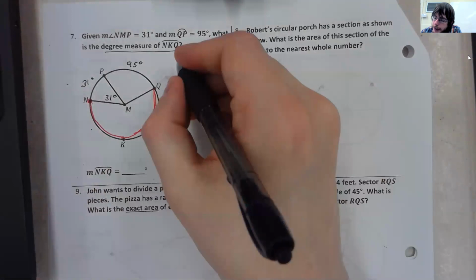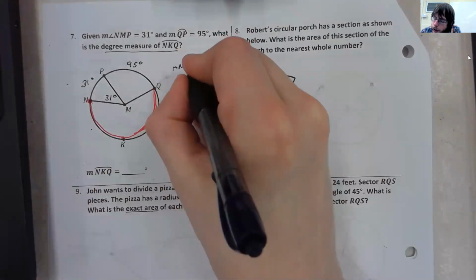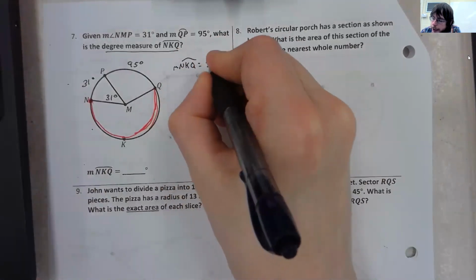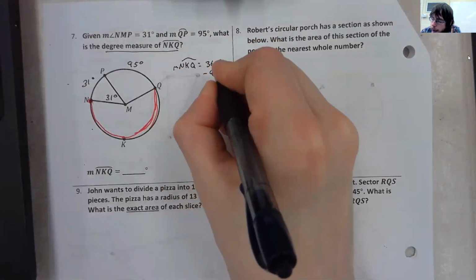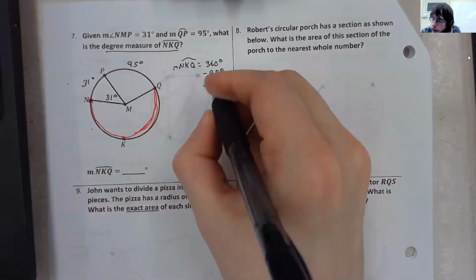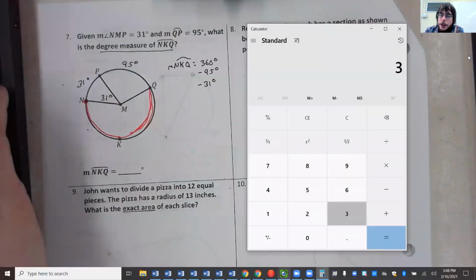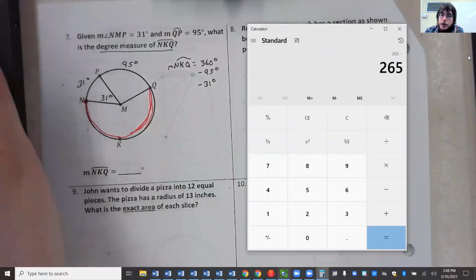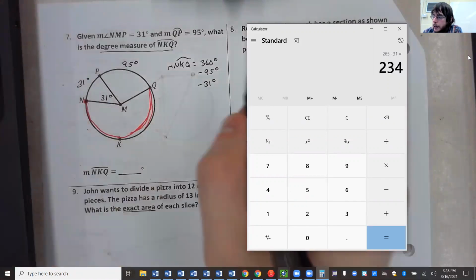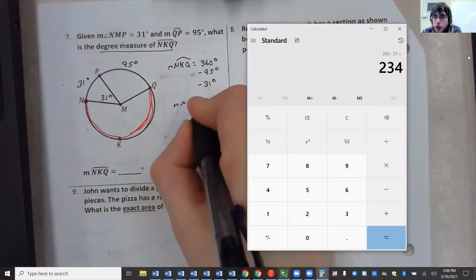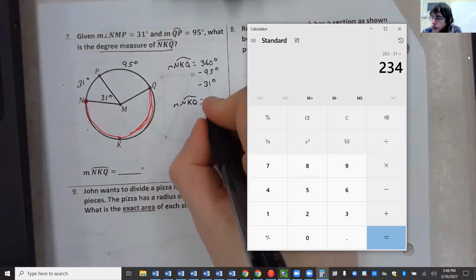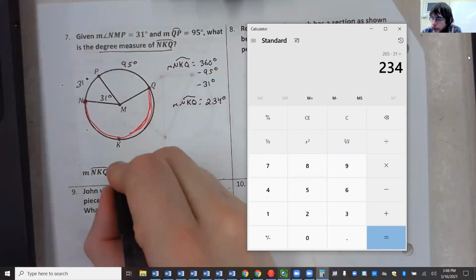It adds up to 360. So NKQ would have to be equal to 360 minus 95 minus 31. And if you take that 360 minus 95 minus 31, you get that arc NKQ is equal to 234 degrees.